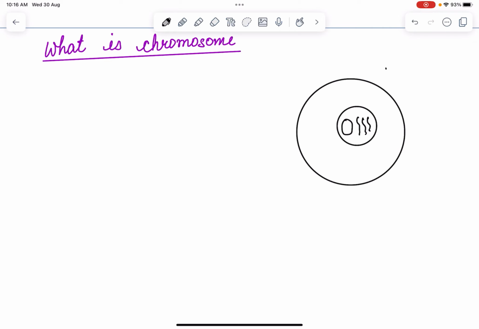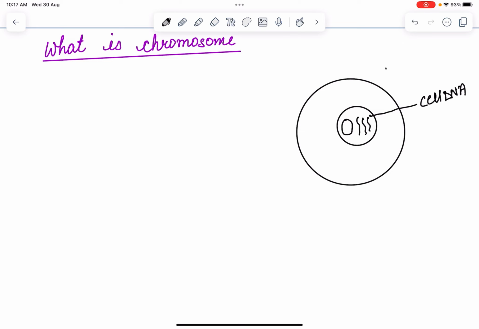If we stain with a suitable dye and see the cell under the microscope, we can see the nucleus, and the nucleus contains most of the cell's DNA, which is organized into discrete units called chromosomes.